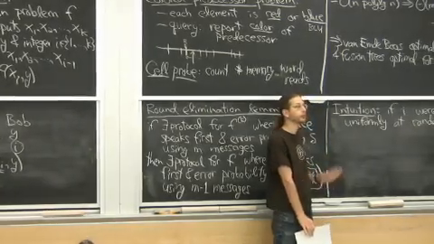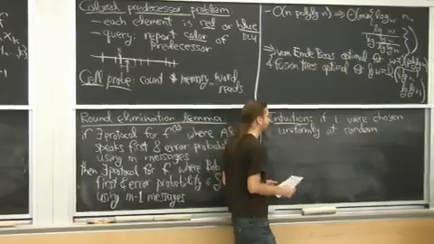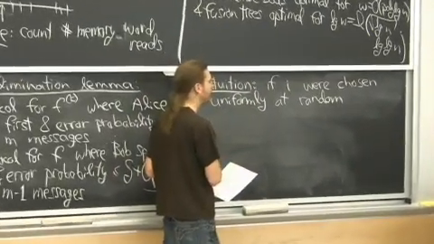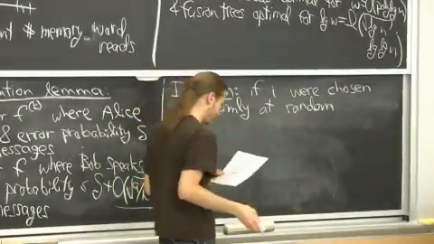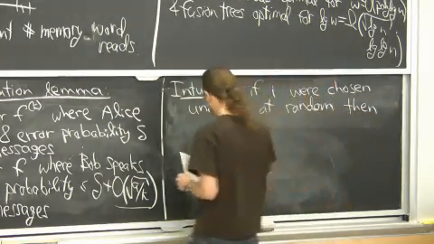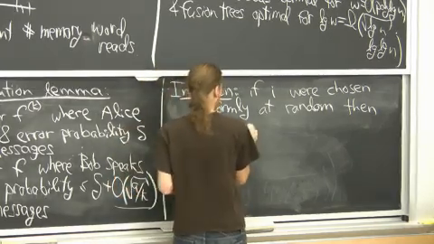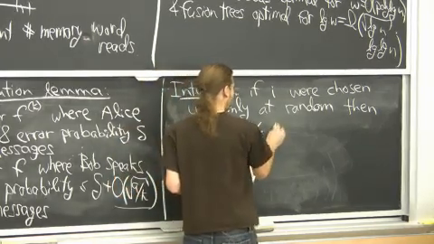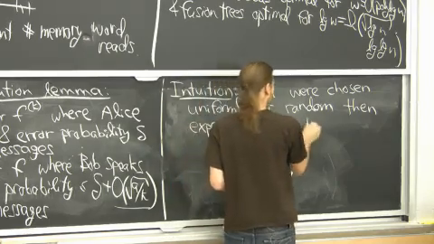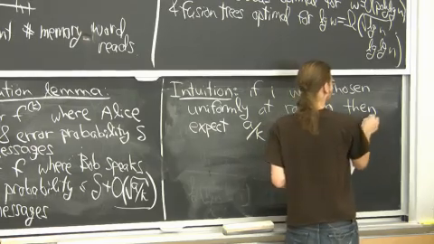So we get to assume that the input is random. We'll see why in a bit. In this world, we can assume that i is chosen uniformly at random. Given that assumption, you would expect exactly a over k bits to be about xi.